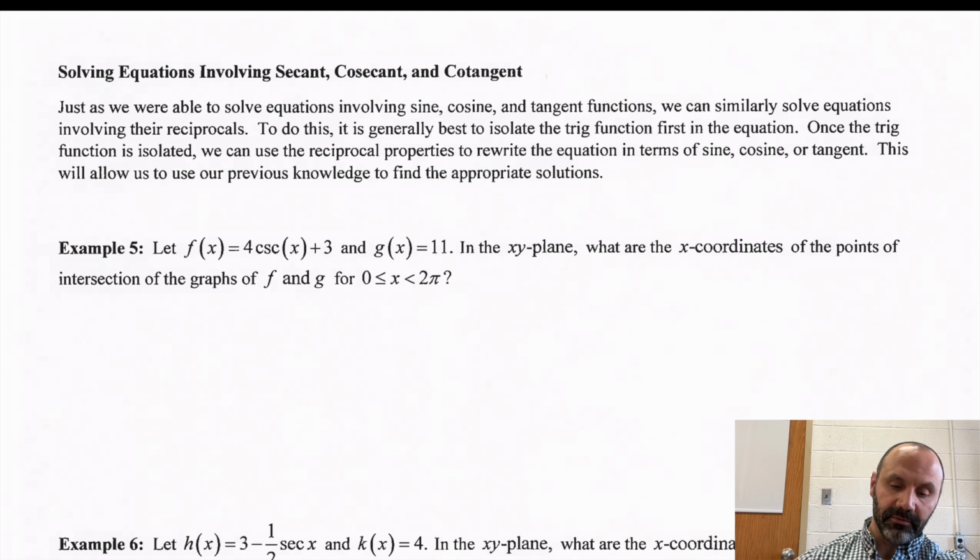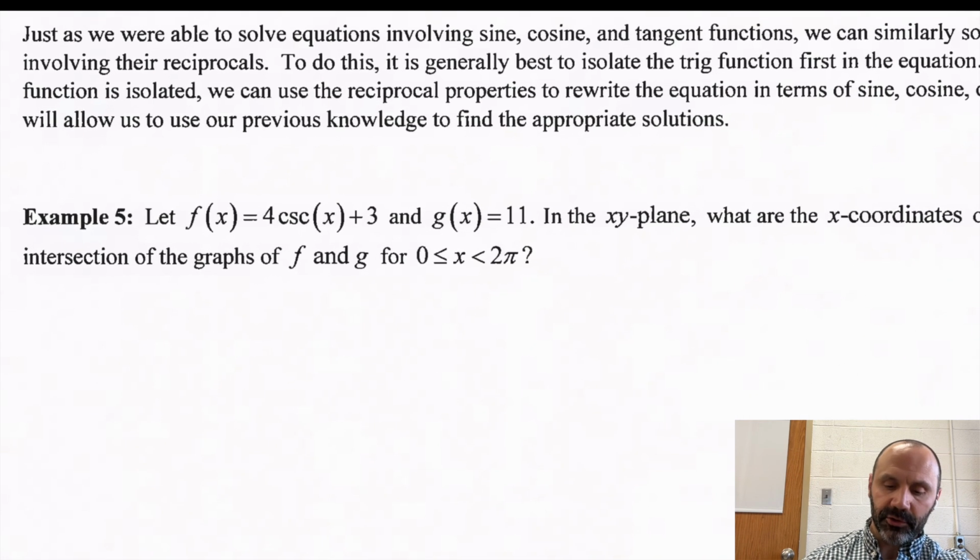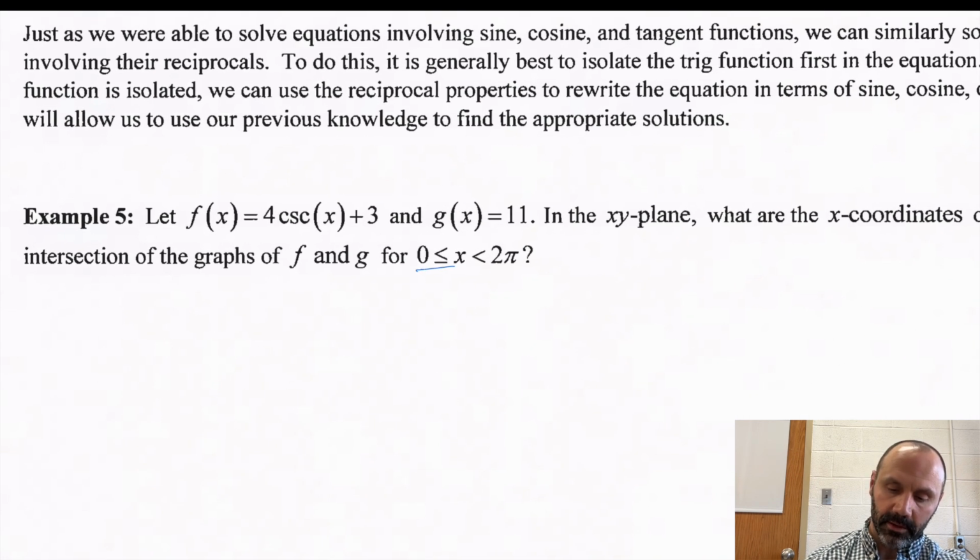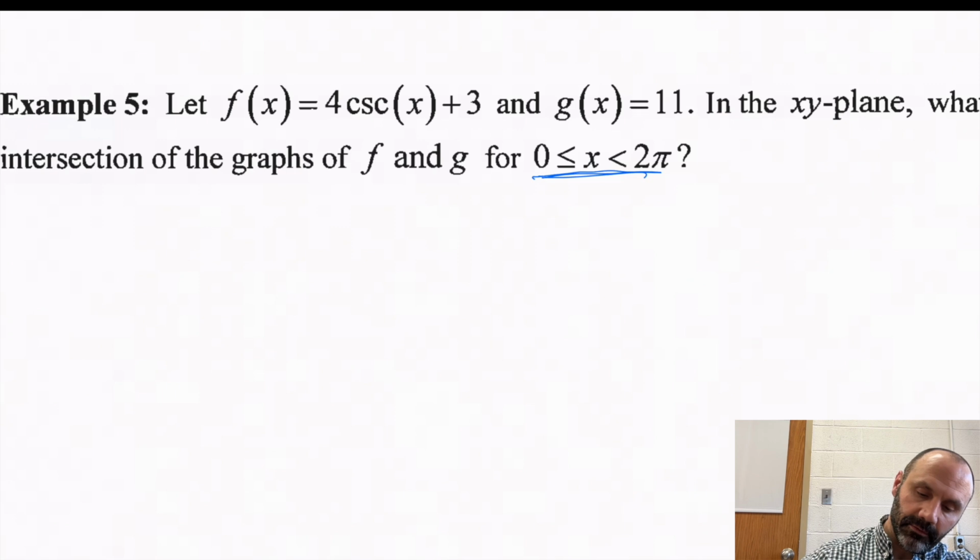Here we're going to find the intersection of these two functions, f and g, restricting ourselves to the domain of 0 to 2 pi, including 0, not including 2 pi. So this is going to be 4 cosecant of x plus 3.